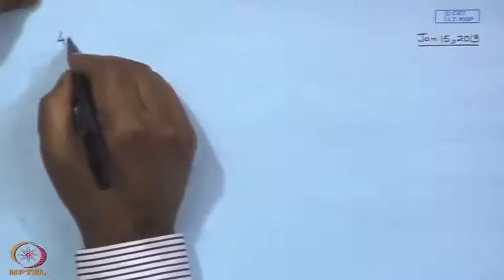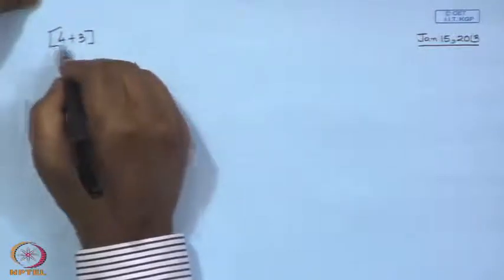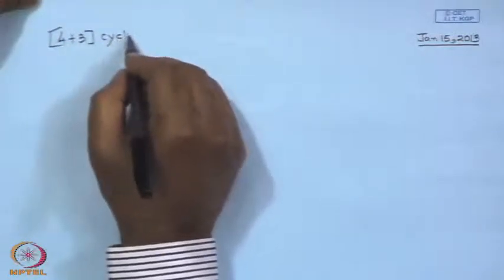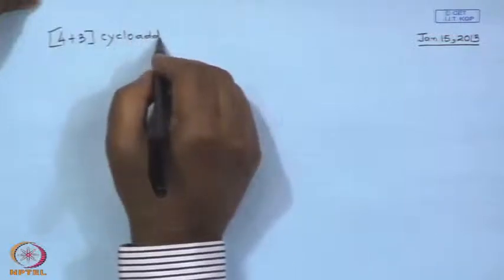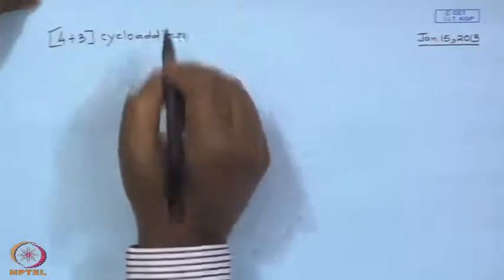Okay, good morning. Today's lecture is on another cycloaddition reaction, the 4 plus 3 cycloaddition reaction, and it is very similar to the one we talked about in the last class.